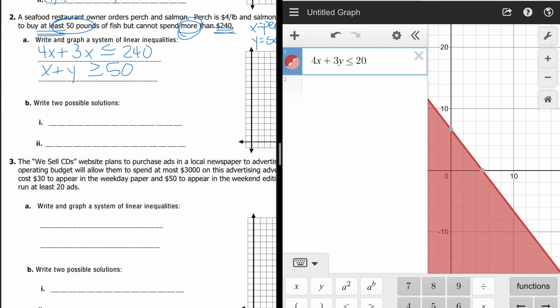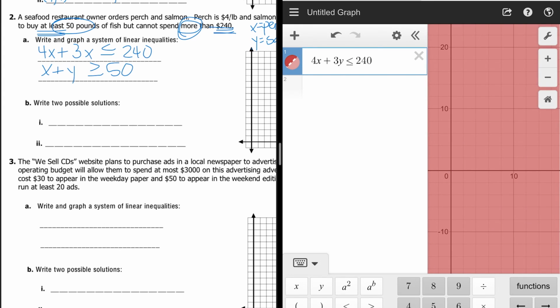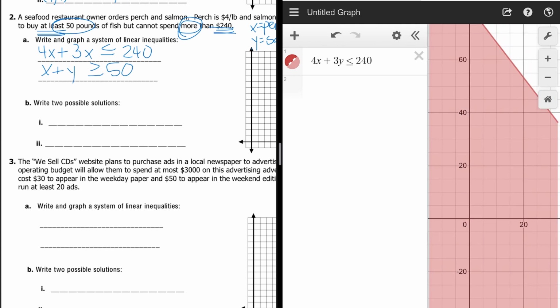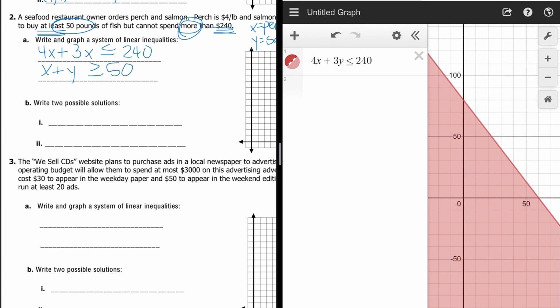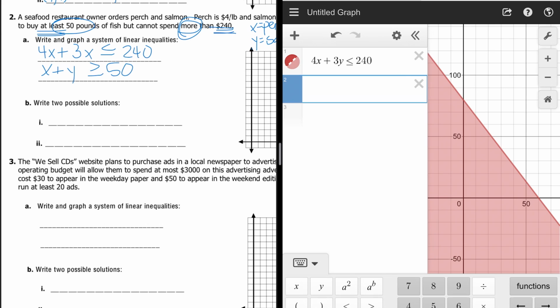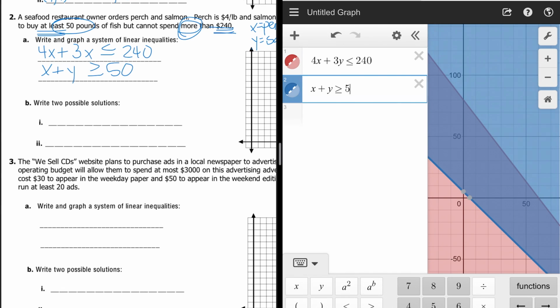And you see, we don't even have to be in y equals mx plus b form. You can do it right here in standard form. x plus y is greater than or equal to 50. There's my second one.